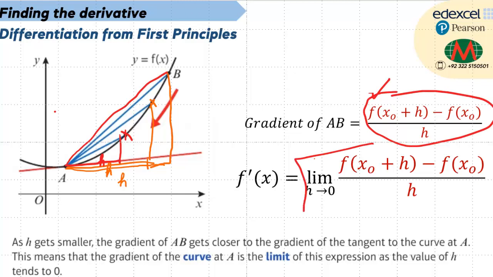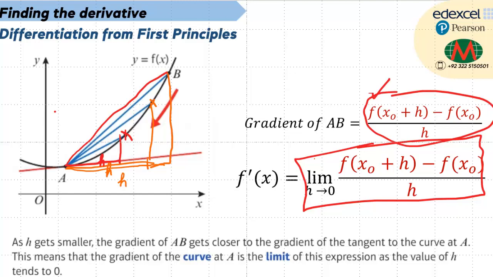this whole one will become the gradient of the tangent line, because we have already studied that when B comes closer to A, the gradient of this chord AB will become approximately equal to the gradient of the tangent line. So the phrase we are using here is getting closer and closer.